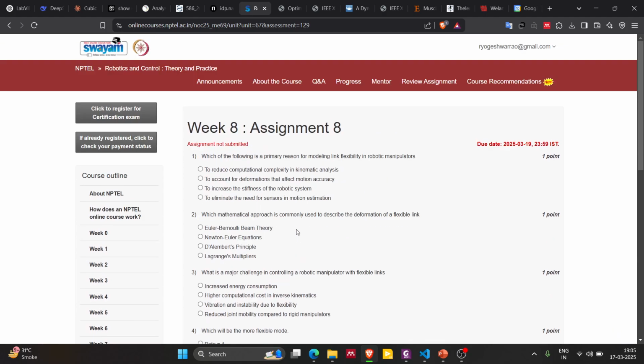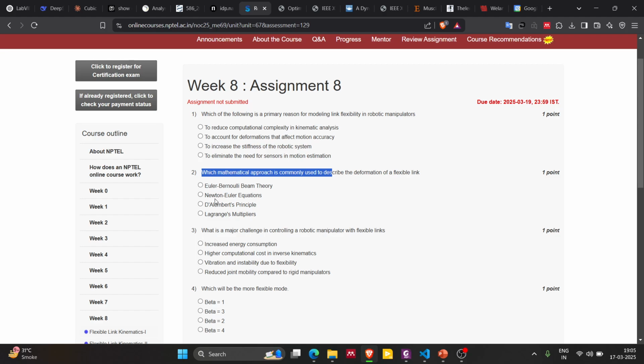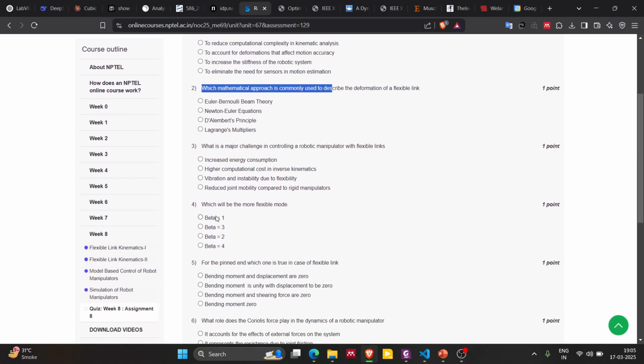If you skim through this assignment, you can find the mathematical approach to solve a problem, such as which theory has been used: Euler, Lagrange multiplier. This can be easily answered. For example, what is the flexible mode when beta is one? Betas are the different modes.